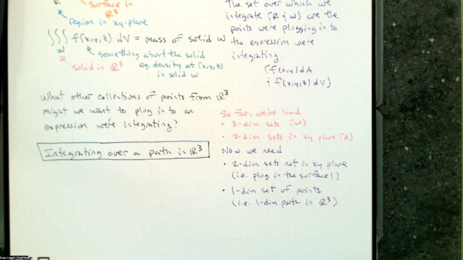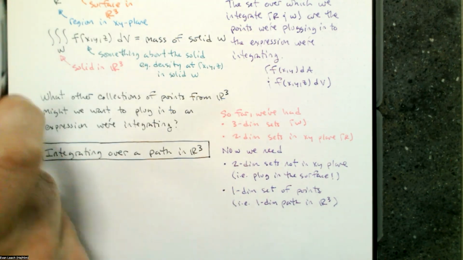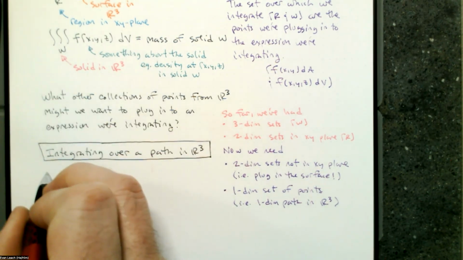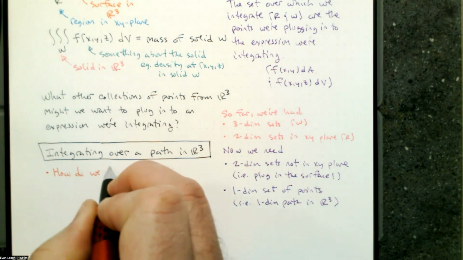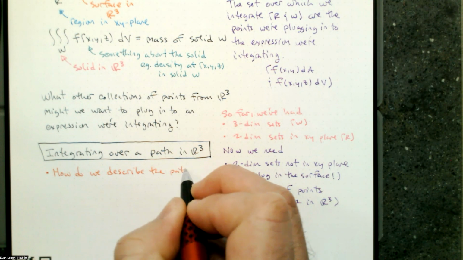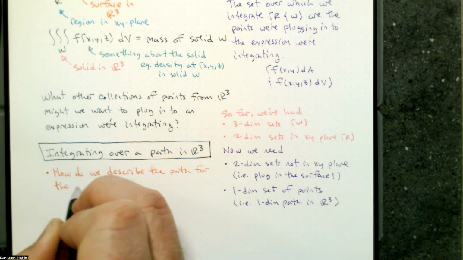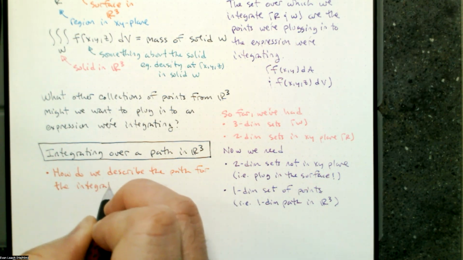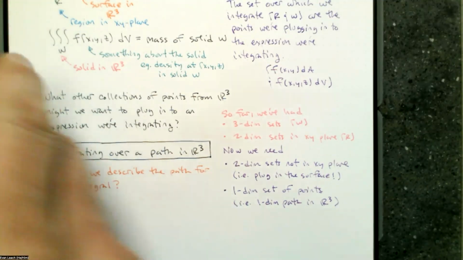This requires two things. How do we describe the path? And what are we going to get out of this integration? How do we describe the path for the integral?